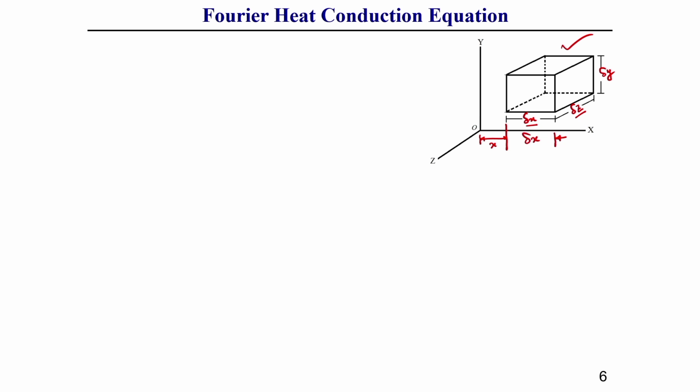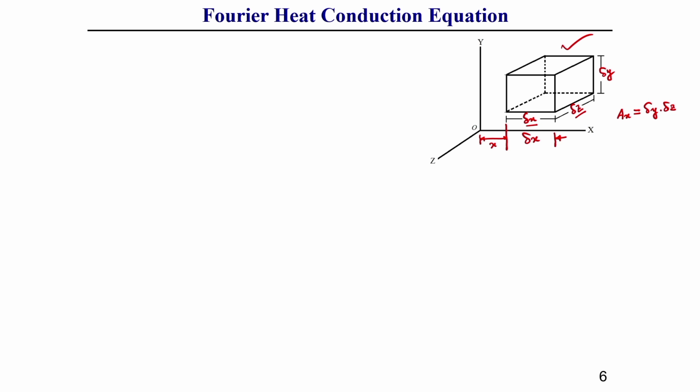So, in this first face along x direction, what is the cross sectional area of this element? The cross sectional area of this x directional face, that I am writing as Ax, is equal to delta y into delta z.